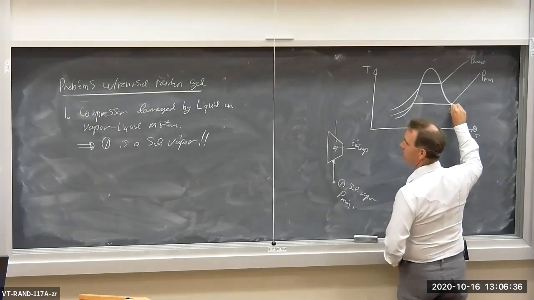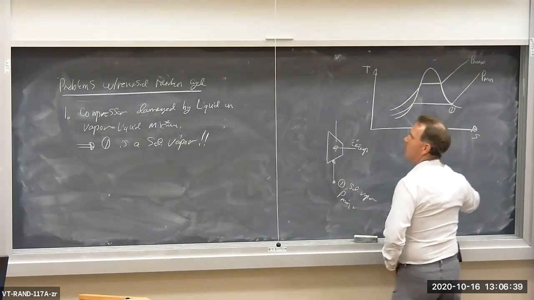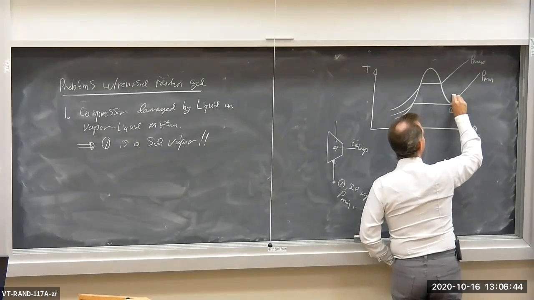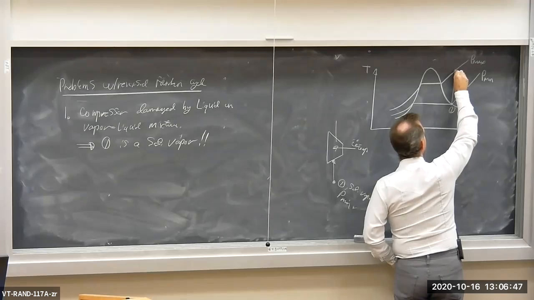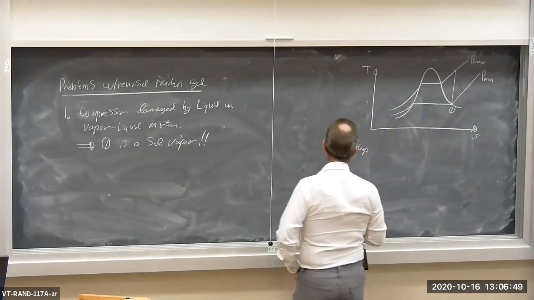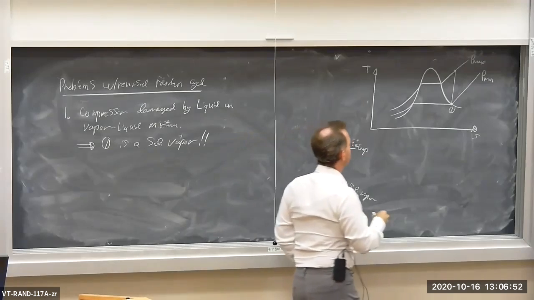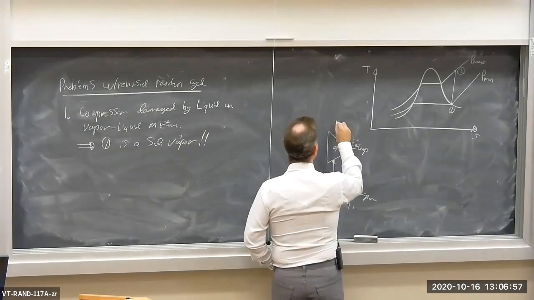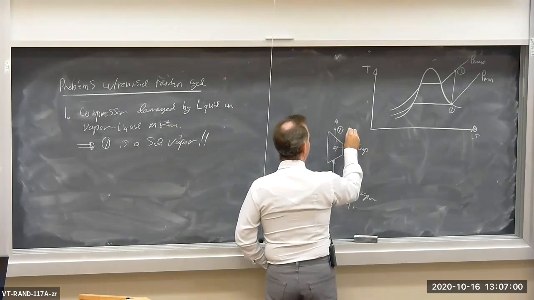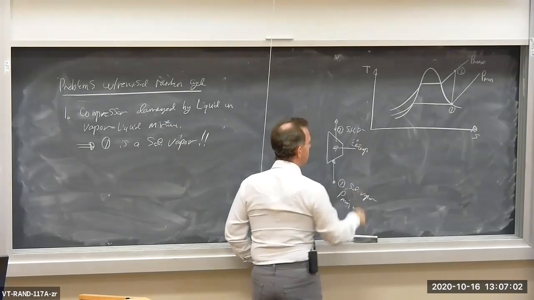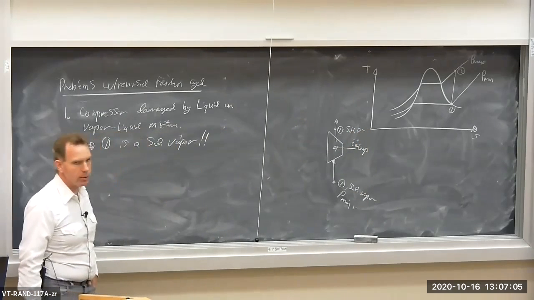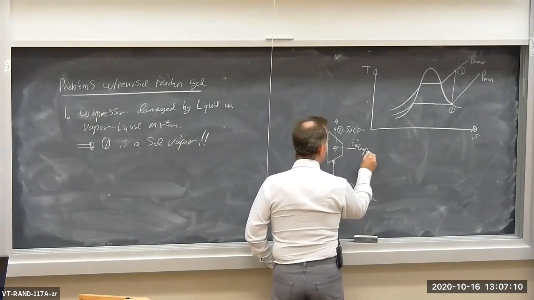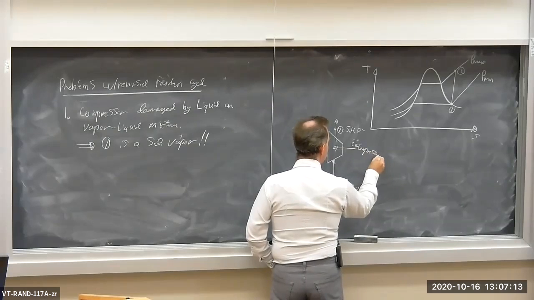Let's do it reversibly. This is going to be an ideal cycle. So I'm going to compress it isentropically because it's reversible and adiabatic. So we end up at state 2. At state 2, we have a superheated vapor. Okay? Superheated vapor at state 2 out of the compressor. So this is the compressor.